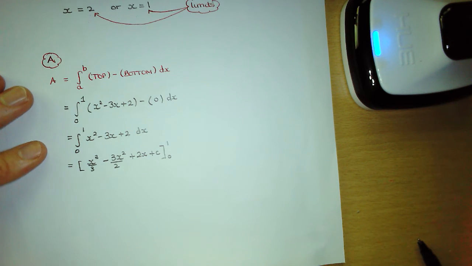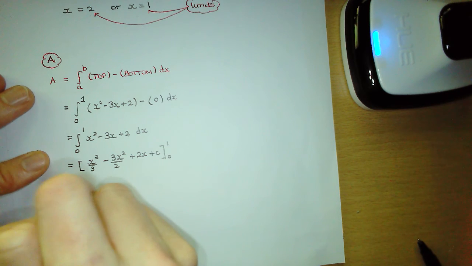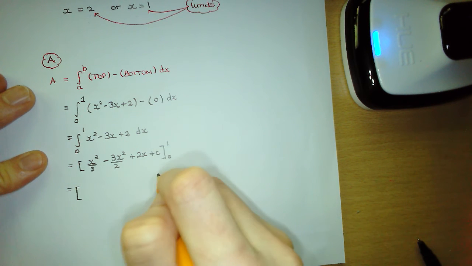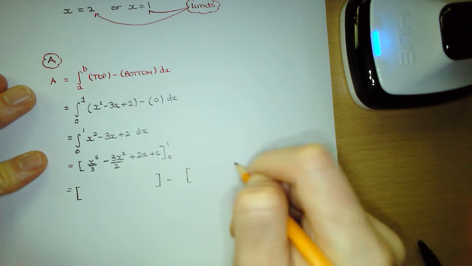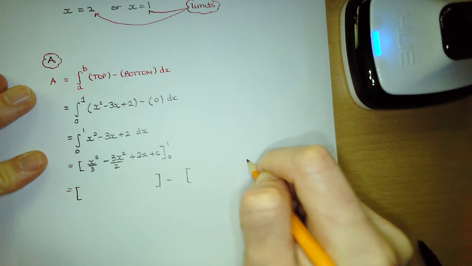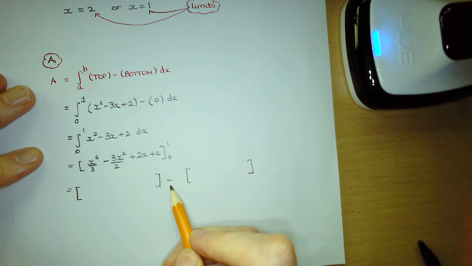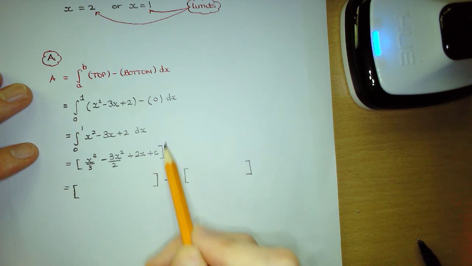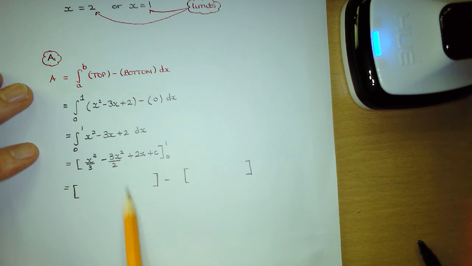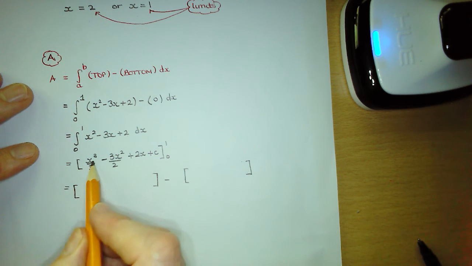Break up the square bracket into 2 separate square brackets. And then remember to put a minus between them. So we're going to chuck the bigger limit into the integrated expression in the first square bracket here. So replace x with 1.